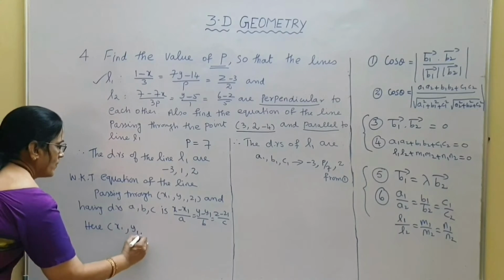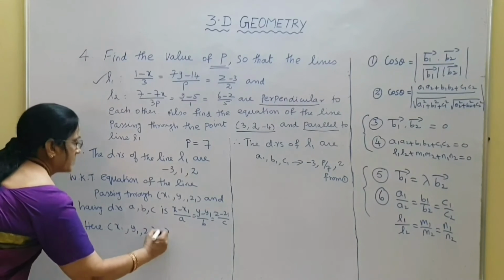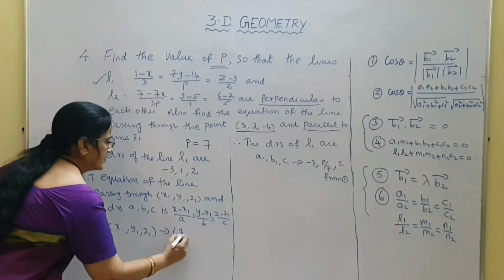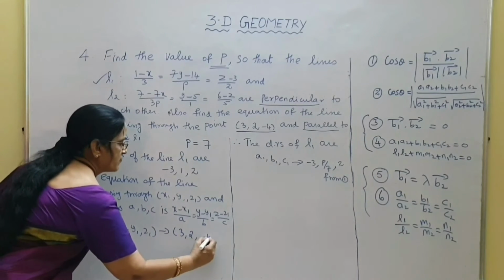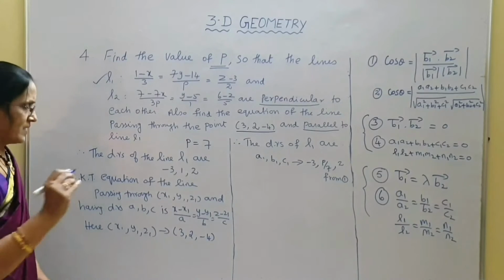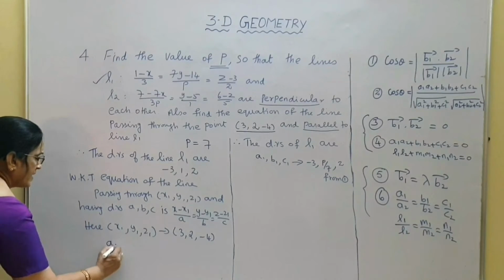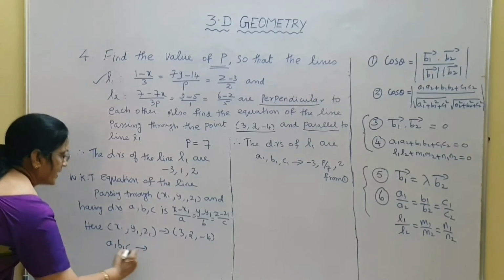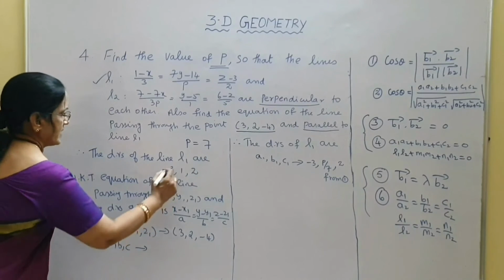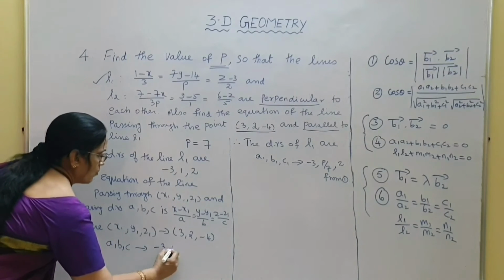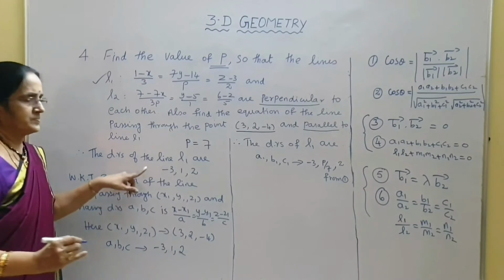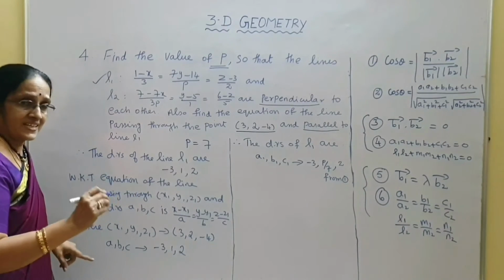Here x1, y1, z1 is nothing but 3, 2, minus 4. A, B, C are nothing but minus 3, 1, 2. What is the reason?